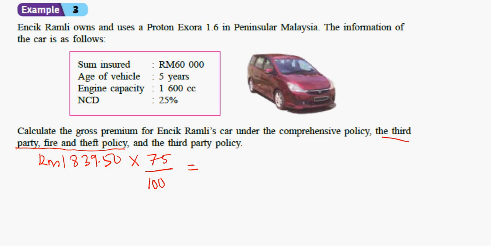So you calculate 1,839 ringgit 50 cent times 75%, so equals to 1,379 ringgit 63 cent.